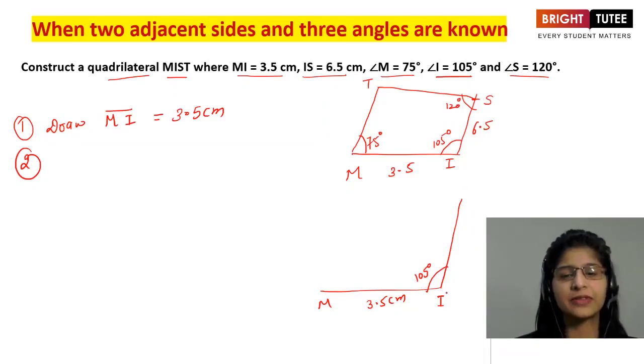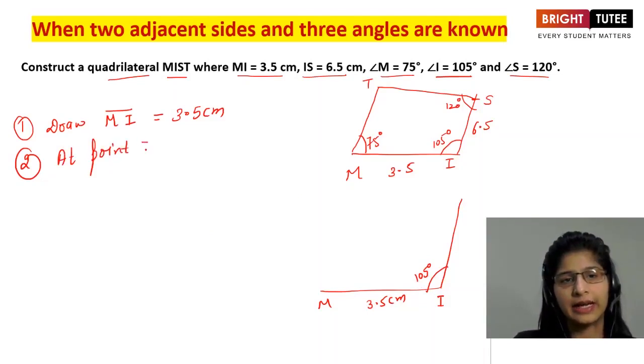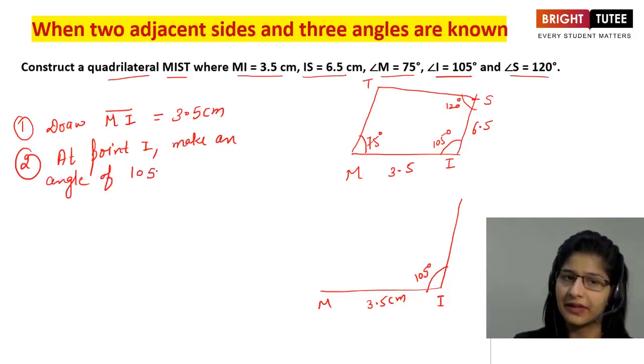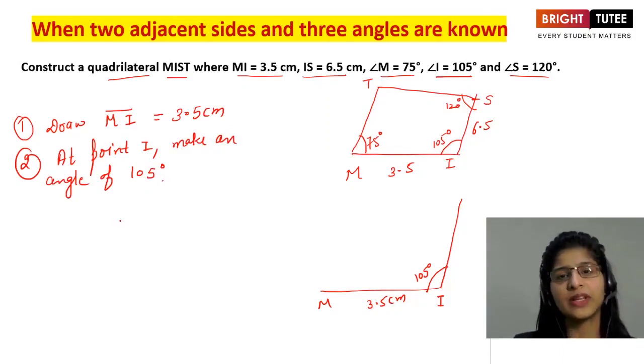So first of all I am writing: at point I, make an angle of 105 degrees.